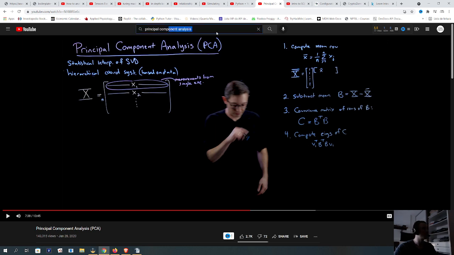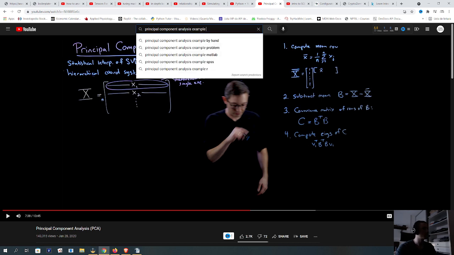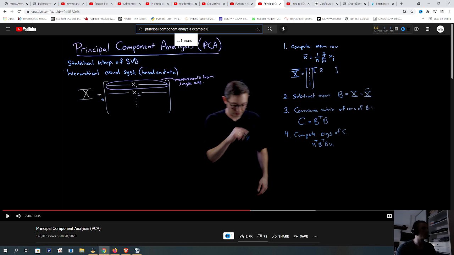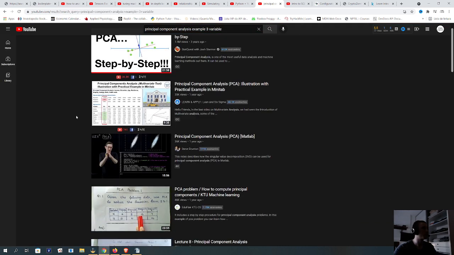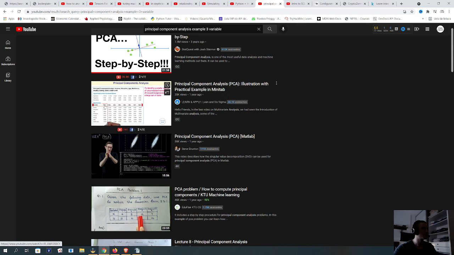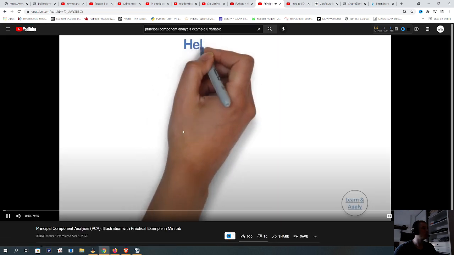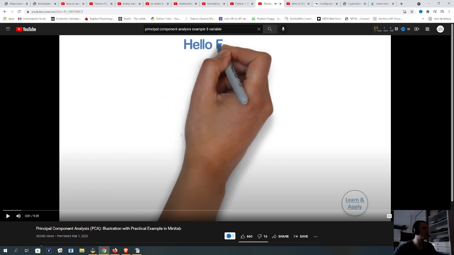Yeah, that's a good idea, actually. How do you suggest looking for this? Principal component analysis, example 3 variables. How would you define this in the least amount of words possible?